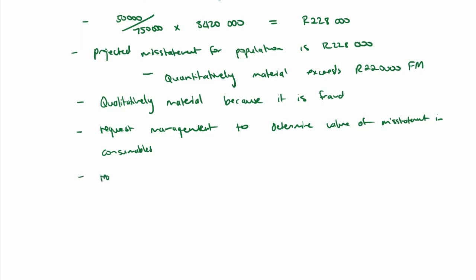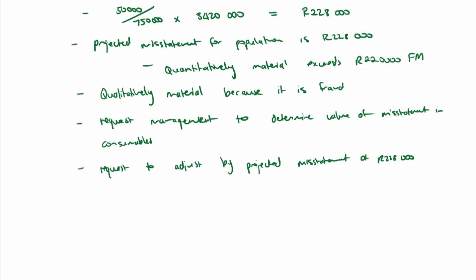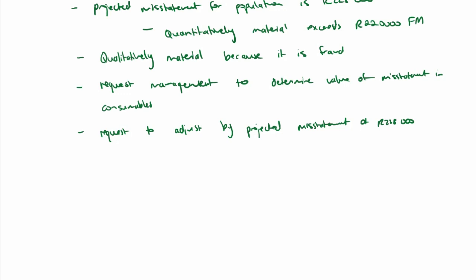In addition, I'm going to request them to adjust by the projected misstatement of the 228. I can't show the adjustment because I don't know how it's been fraudulently recorded. What's the opposite entry to it? So I can request the adjustment, but then I can also say that if they won't adjust, then I can increase my sample size and testing of consumables.